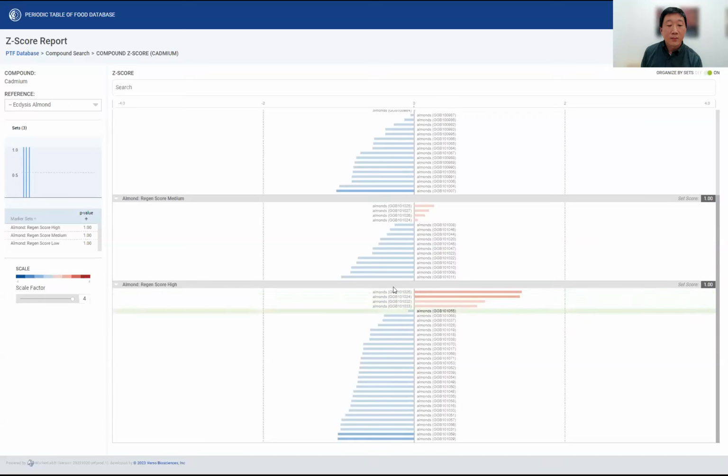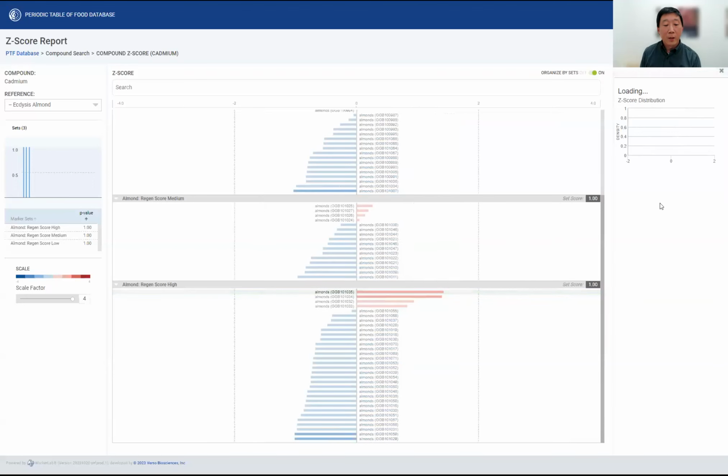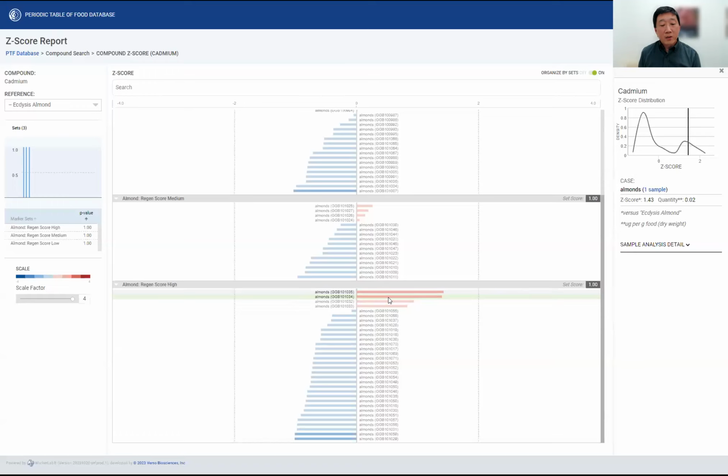But we can tell from the sample identifiers, and we can actually see if we were to drill down to look at a particular sample and its metadata, that the 4 samples in the highly regenerative group that are high in cadmium are actually all from a single site. So the level of regenerative practice doesn't completely characterize the difference here, but this might be motivation to drill down into site-specific conditions, which we could further explore because we have that location metadata.